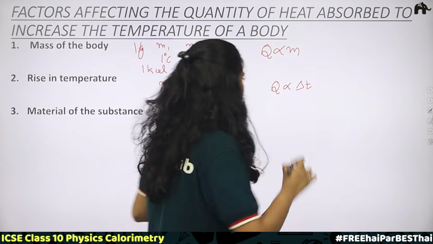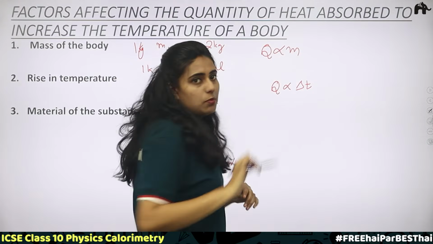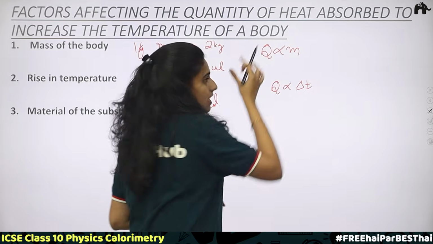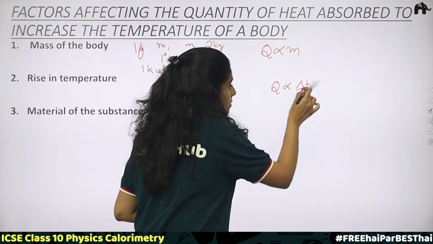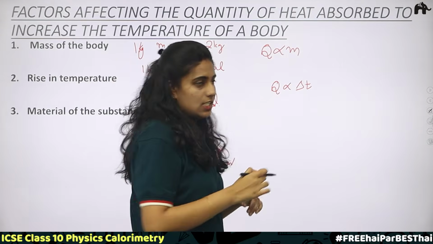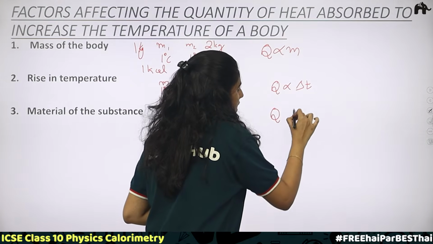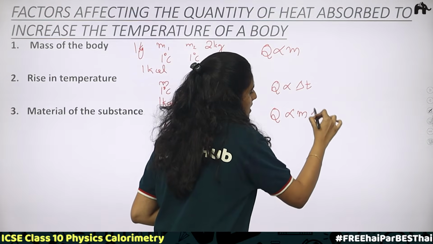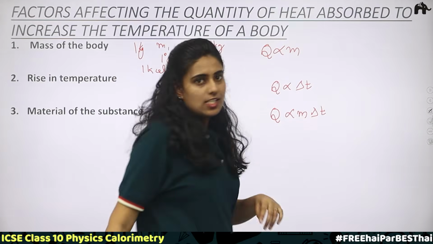Now we can say that the heat energy is directly proportional to mass. When mass increases, heat energy increases. Heat energy is directly proportional to rise in temperature. When rise in temperature increases, heat energy increases, which means heat energy is directly proportional to mass and change in temperature.